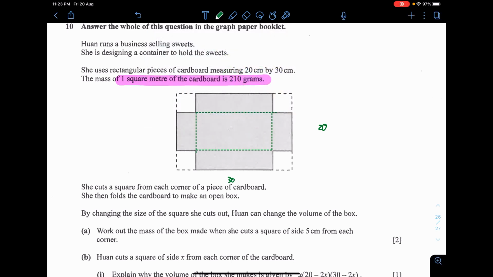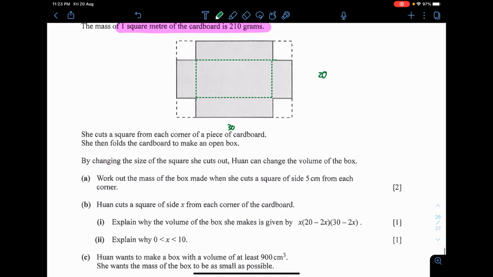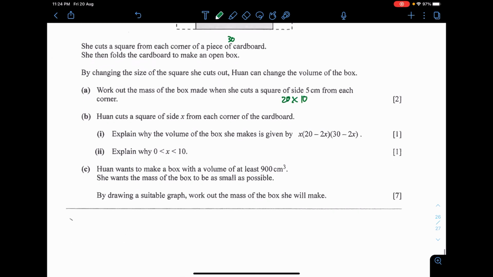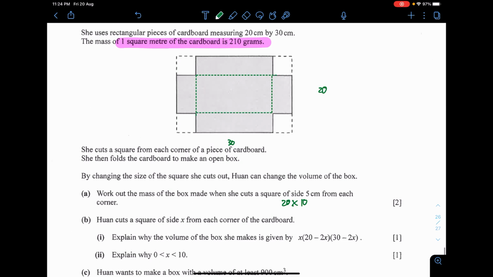Work out the mass of the box when she cuts 5 cm. So if she cuts 5 cm, then it will be 30 minus 5 minus 5, 20. 20 minus 5 minus 5, 10. 20 times by 10, there will be the... Actually, you know what? I actually misread the question. They want the mass.